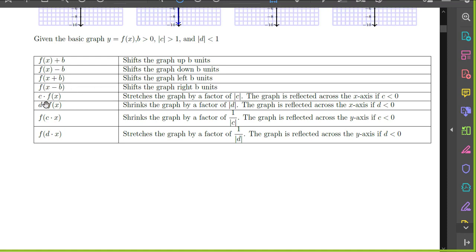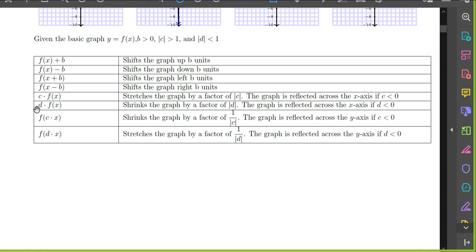A number on the outside, c or d, either stretches or shrinks the function, and it depends on whether or not the absolute value of the number in front is bigger than 1 or less than 1. If the absolute value of the number on the outside is bigger than 1, it's going to stretch the graph. If the number is negative, it would also reflect it across the x-axis.